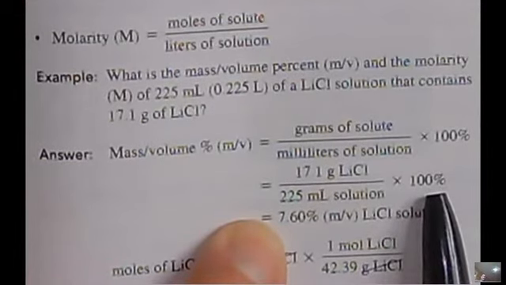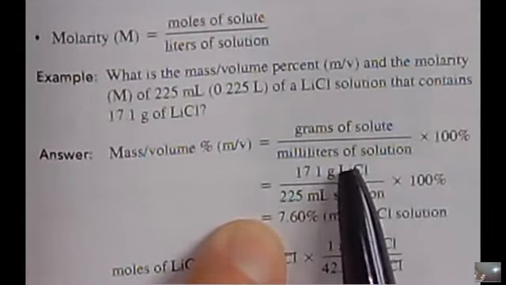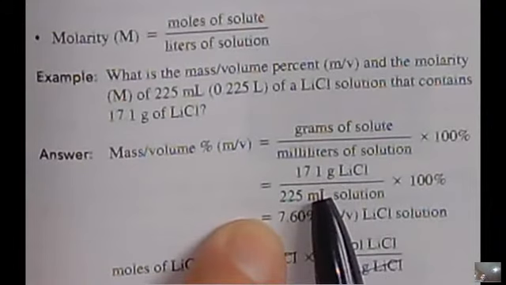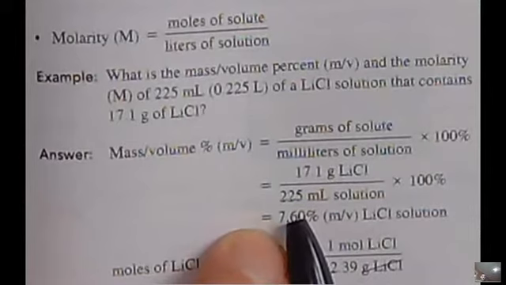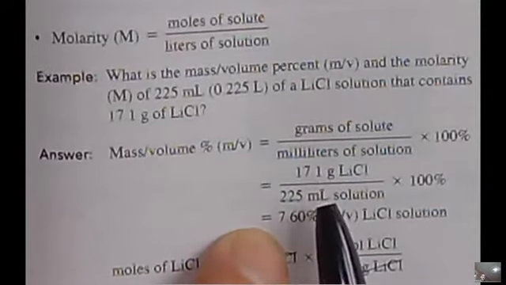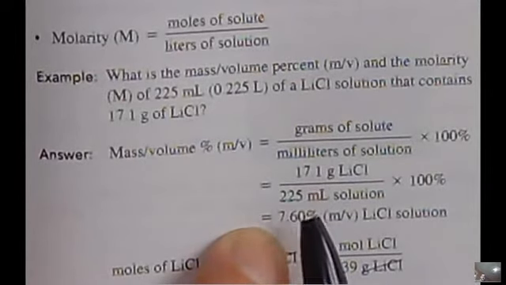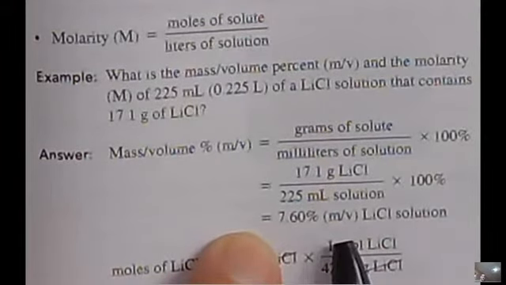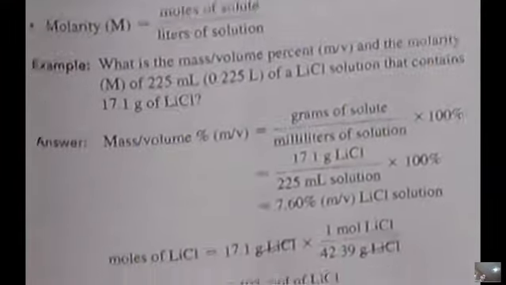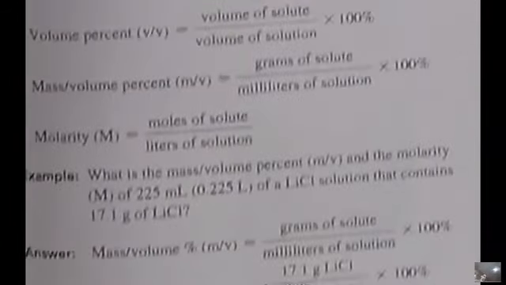Okay? It's a very weird unit because it has different things in the top and the bottom, but some people do it. So this mass per volume would be 7.6% because 17.1 divided by 225 gives you 7.6%. This is not super critical for us. This one here is.